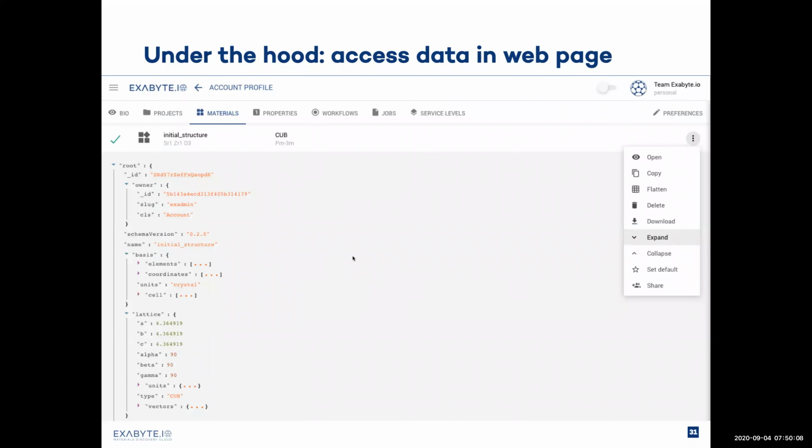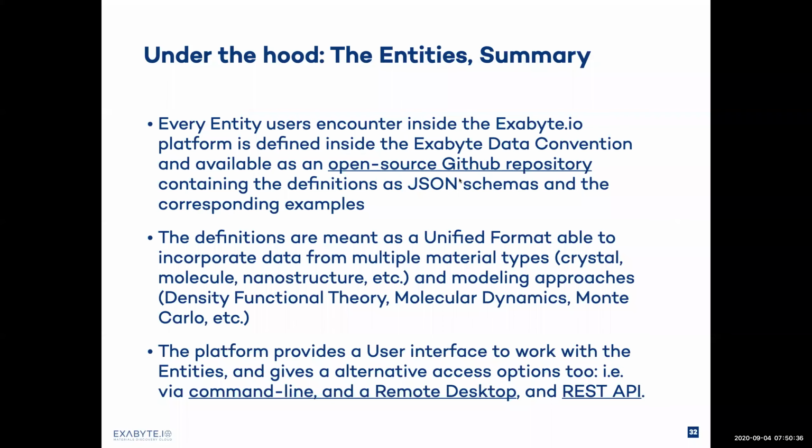Now, why is it important to understand this data structure? Sometimes there's a set of functionality that we want to access either through RESTful API or through some additional platform capabilities, like expanding the actual data structures that we show inside the user interface. For that, to understand what's stored, the information about the schemas is helpful. Okay, so every entity that the user encounters in the platform is defined inside the exabyte data convention.